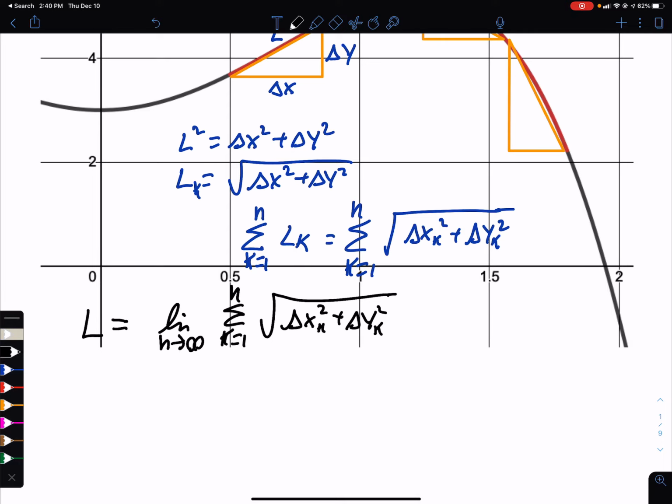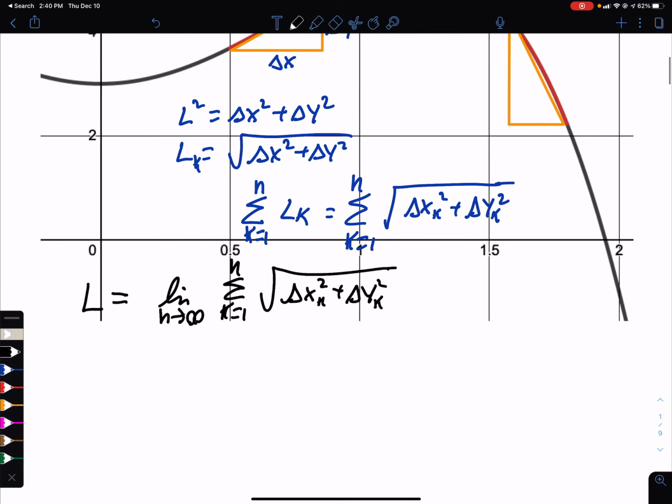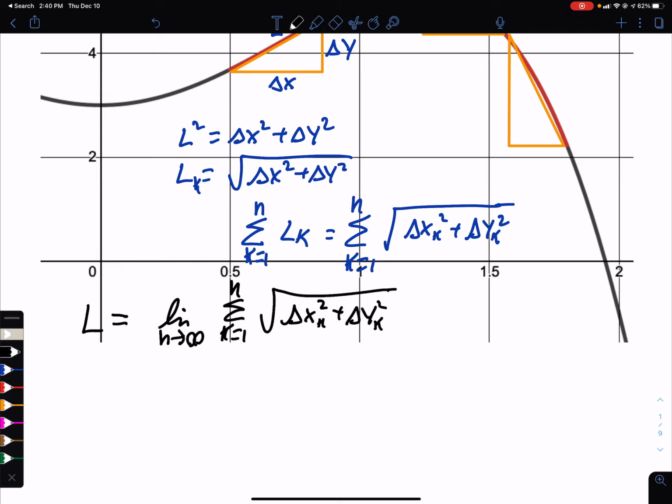Interesting. We're going to do some side work here where I don't have room. Let me do it over here. If I take delta x squared plus delta y squared and factor out a delta x squared, what's left? 1 plus delta y squared over delta x squared, right?